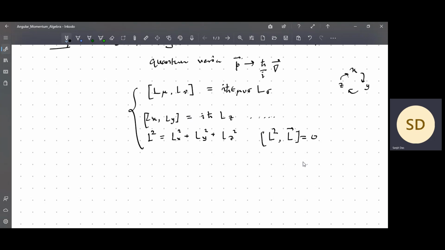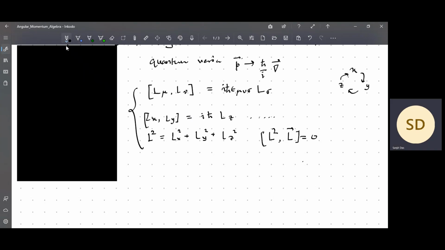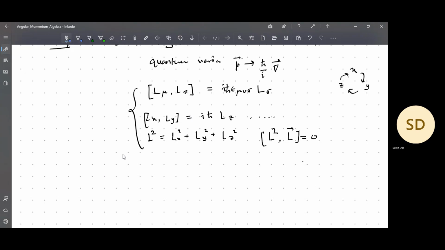In the present scenario, let us write it down in this format. By the way, before we go further, a note on notation. Nowhere am I writing the hat notation, but technically you should write it. So when I write L mu, the component of L, it should actually be L mu hat.